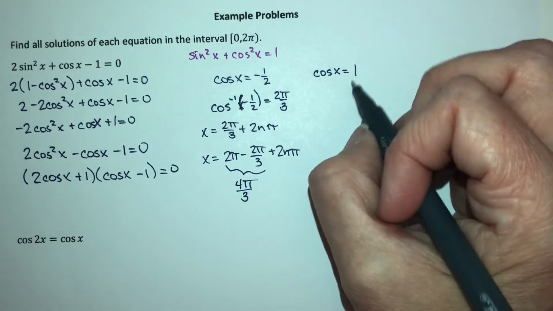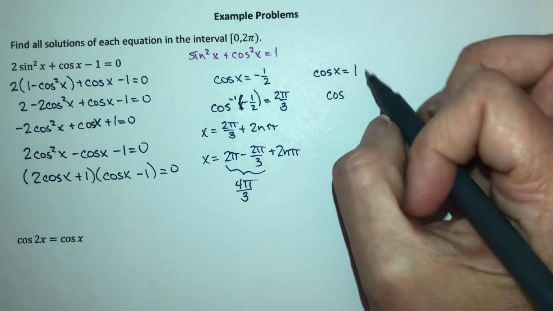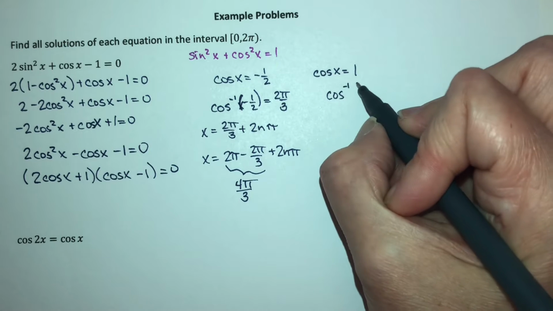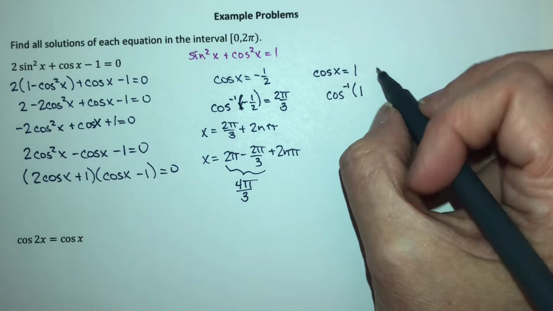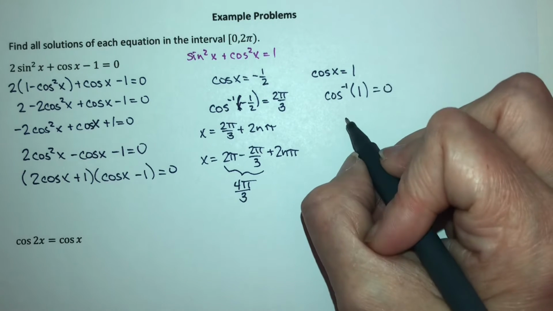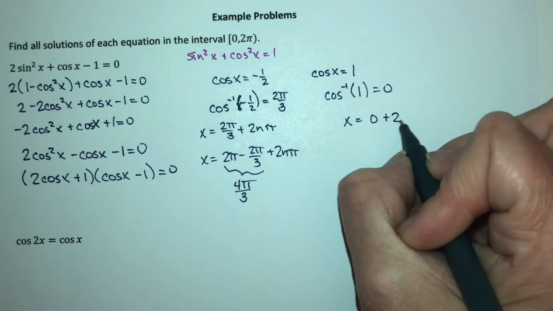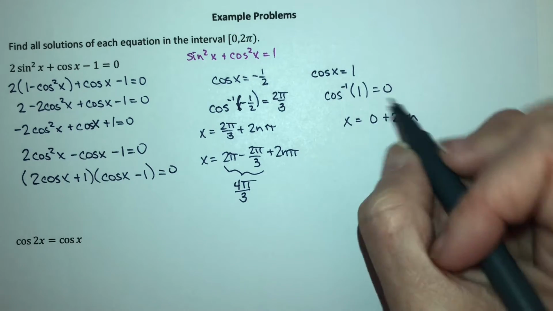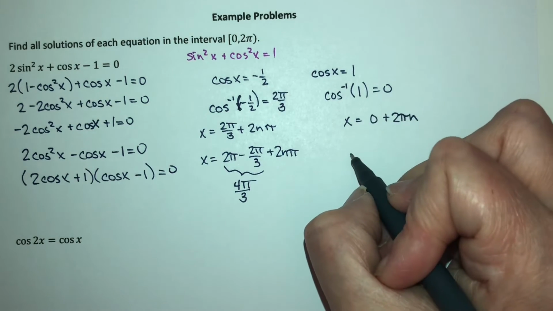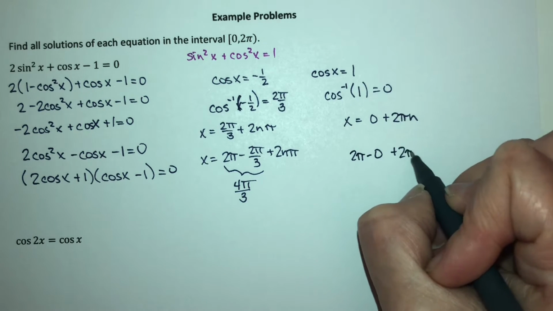Okay. And then inverse cosine of 1 is 0. So x is equal to 0 plus 2 pi n, or technically 2 pi minus 0 plus 2 pi n.